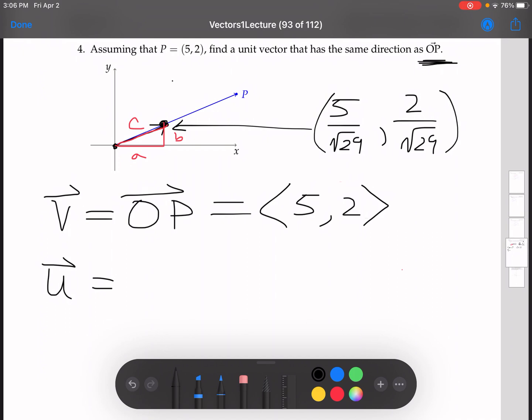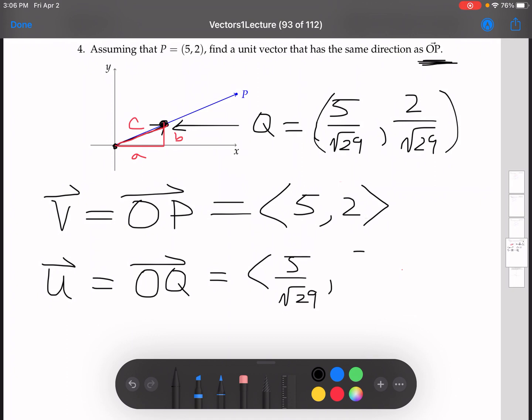Let's give this point right here a name. Let's call that point Q. So Q is that point. This is OQ. It's 5 over root 29, 2 over root 29.